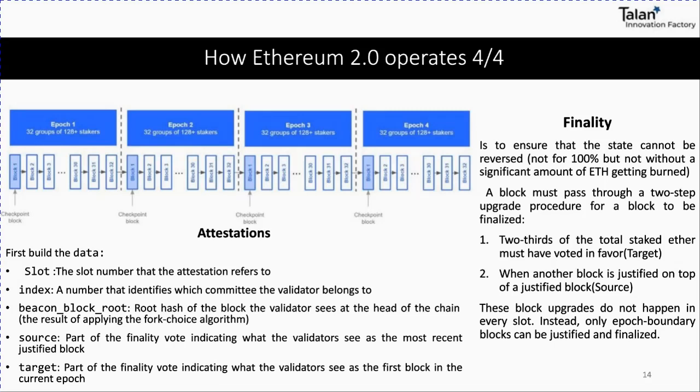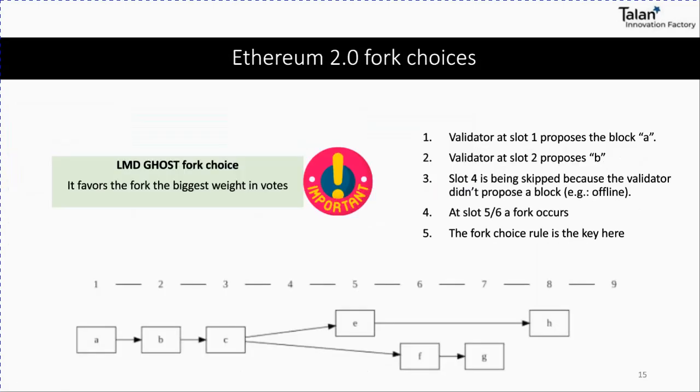And this, of course, depends from one validator to another, because as you may know, on the blockchain we have forks. We will go to that soon. Forks can happen. Let's take the example of a fork here. We have a regular chain. In slot 1 we have block A, in slot 2 we have block B, in slot 3 we have block C, and in slot 4 we skipped a block. So the person in charge of creating the block just wasn't available, and then in slot 5 a new block was created.